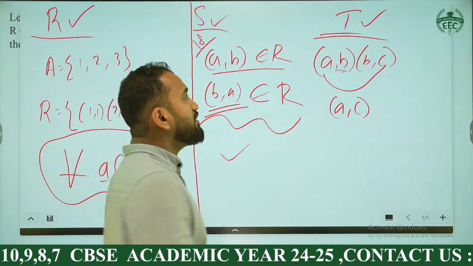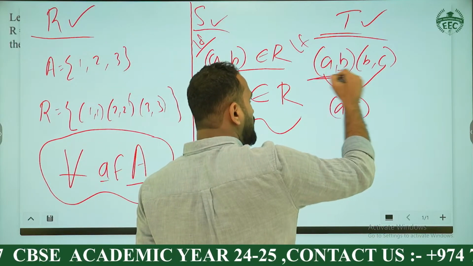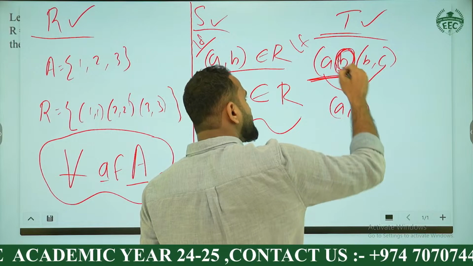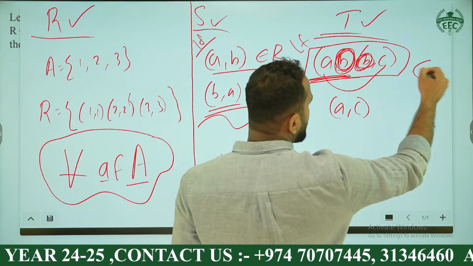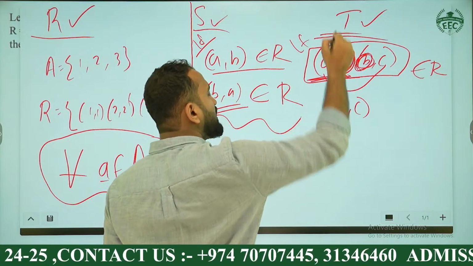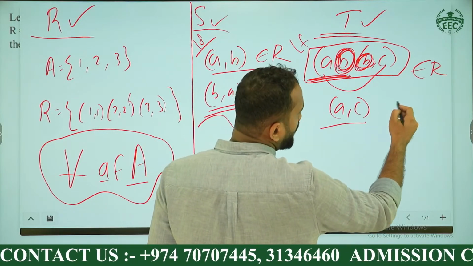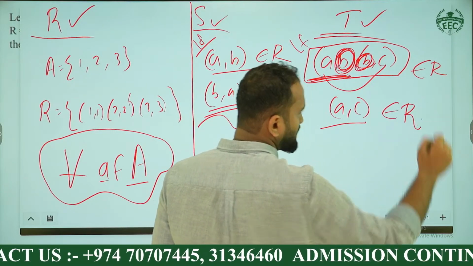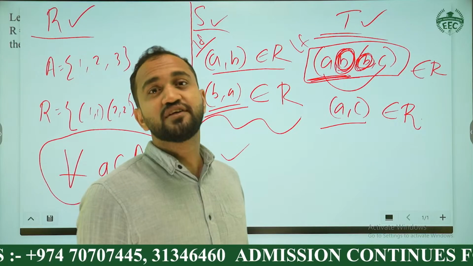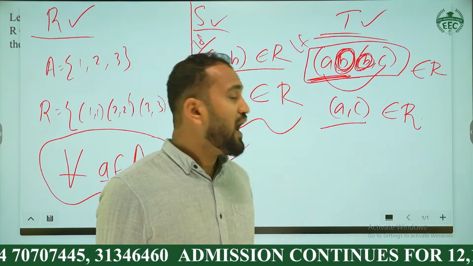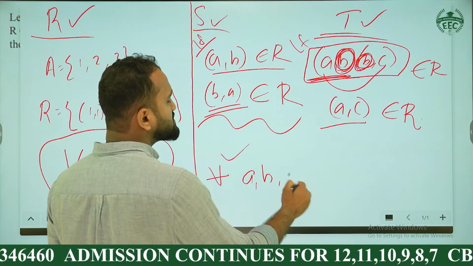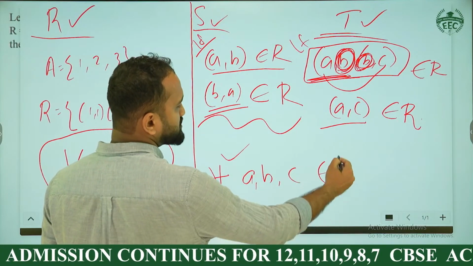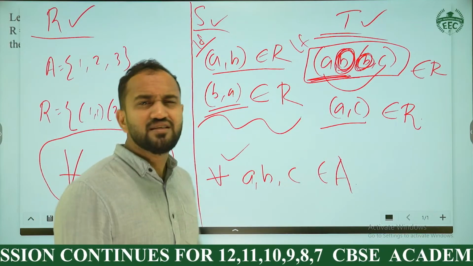Similarly, if A comma B and B comma C are there in the relation, then the transitive pair, that is A comma C, should also be there in the relation. Then only we can say that the relation is symmetric and transitive. And this should be satisfied for every A, B, C belongs to the set A. This is the rule, people.